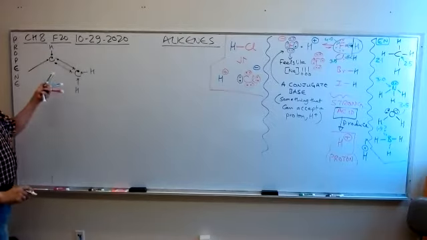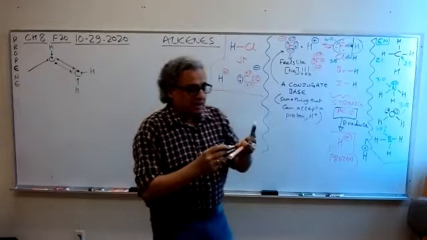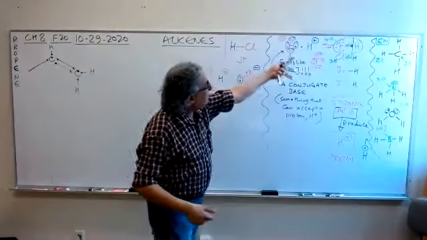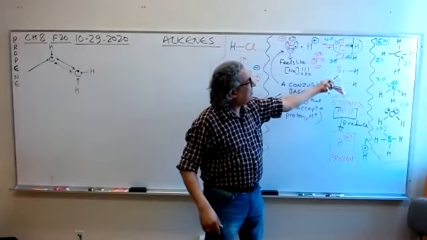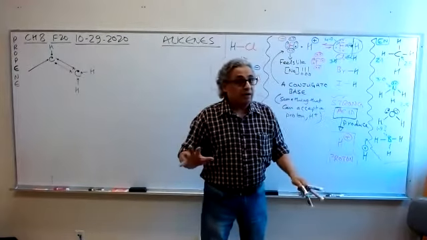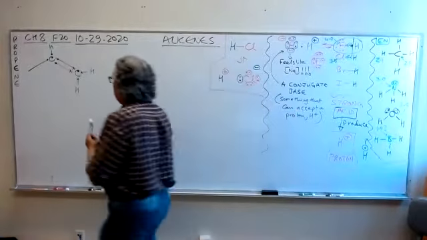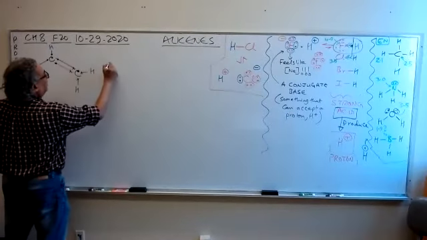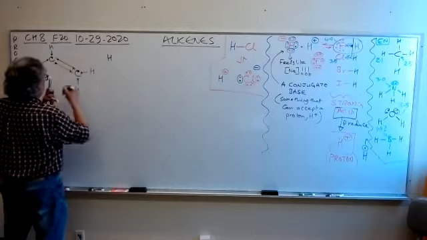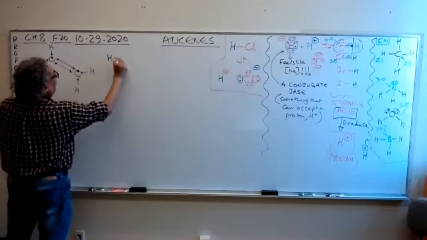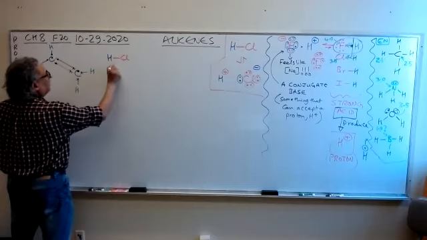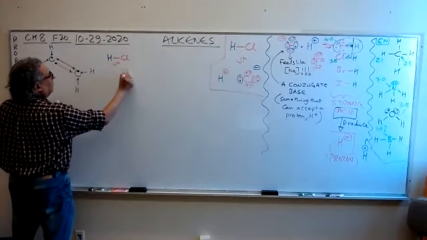When an alkene is facing one of these acids, HF or HCl or HBr or HI, something terrible happens to the double bond. If you react it with HCl, HCl produces Cl- and a proton.